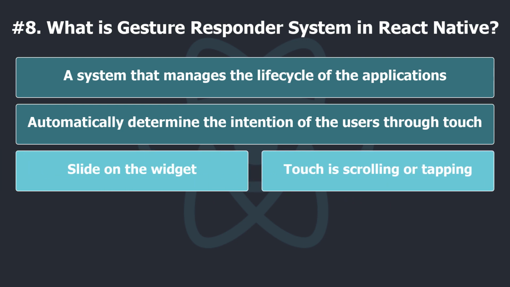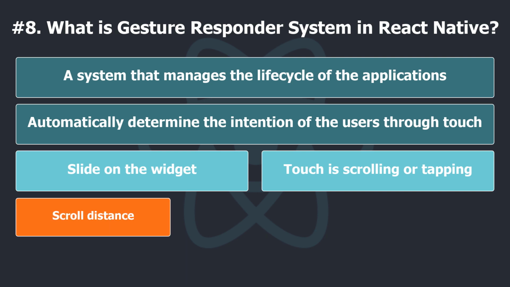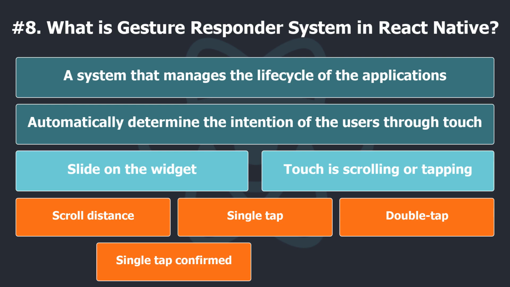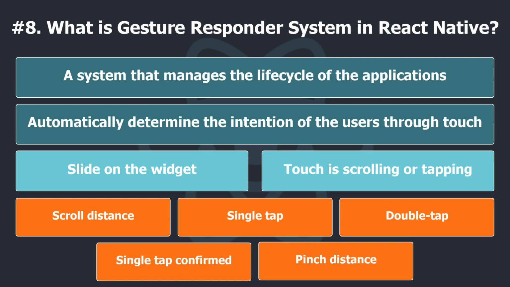The gesture responder system allows the components to negotiate these touch interactions without integrating any sort of knowledge regarding their parent component and child component. It is the most powerful system as it uses a standard library to detect gestures such as scroll distance, single tap, double tap, single tap confirmed, and pinch distance.